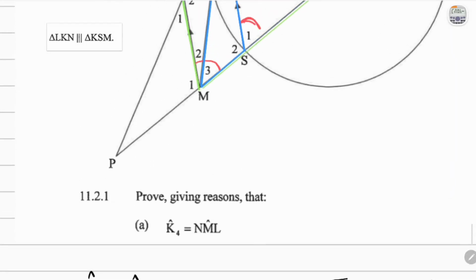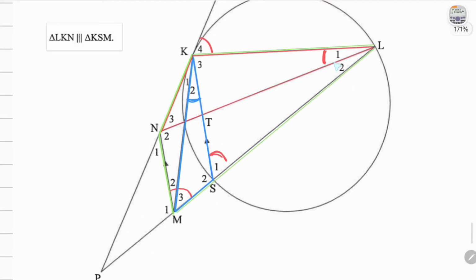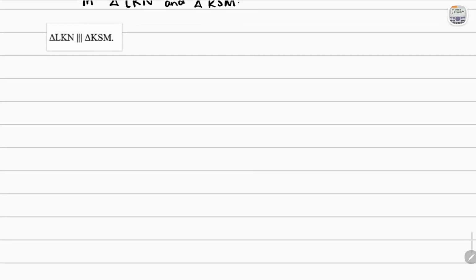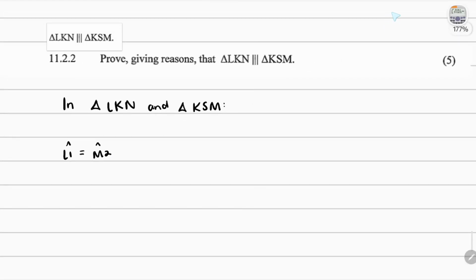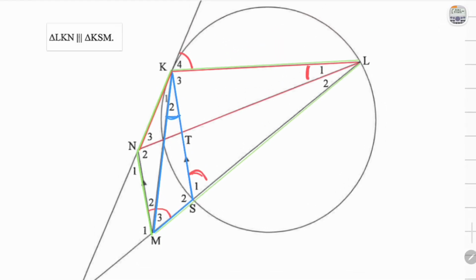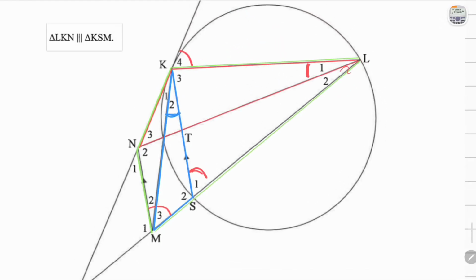Okay, so in this, we're first saying that we have angle L1 being equal to angle M2 because of angles in the same segment in that cyclic quad that we have. So angle L1 is equal to angle M2, and this is because of angles in the same segment. And then we have angle M2, so we've already shown that these two are equal. Then angle M2 is equal to angle K2, and that is of course because of alternate angles.